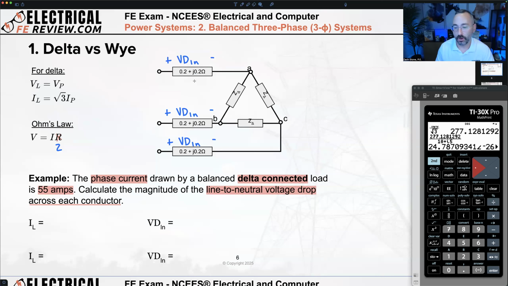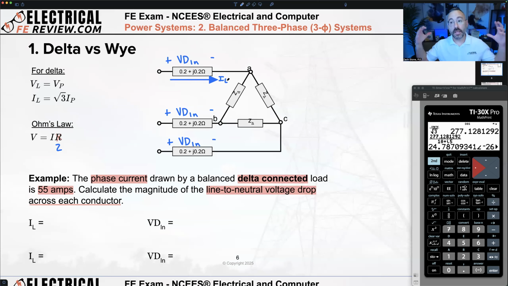I've got to calculate the current flowing through the conductor, from here to here, to use the impedance from here to here to calculate the voltage from here to here. Which current is flowing through the conductor? Is that the delta phase current given in the problem, or is that our line current? That's our line current. So I've got to calculate the line current first.